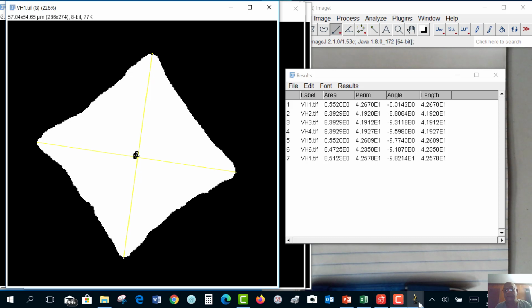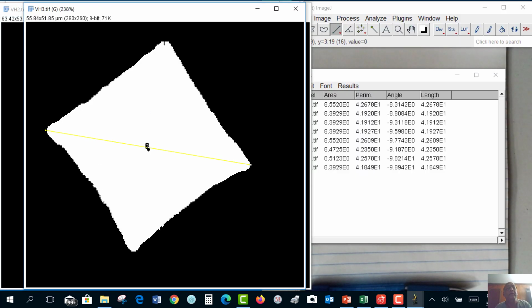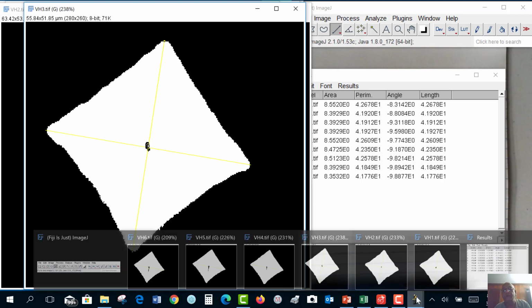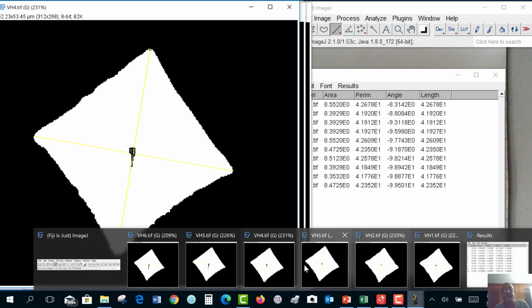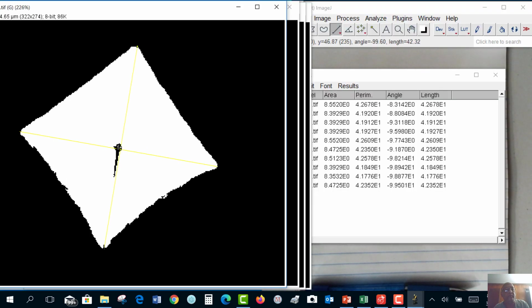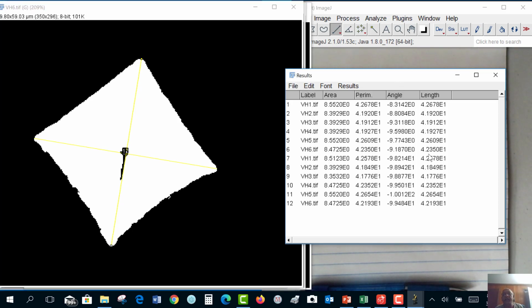Control M. 2, vertical diagonals. 3, 4, 5, and last one 6. Okay, so we got 6 more diagonals here.